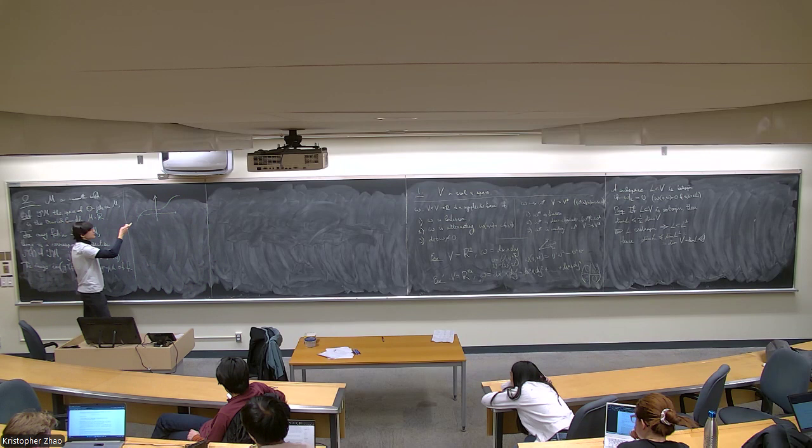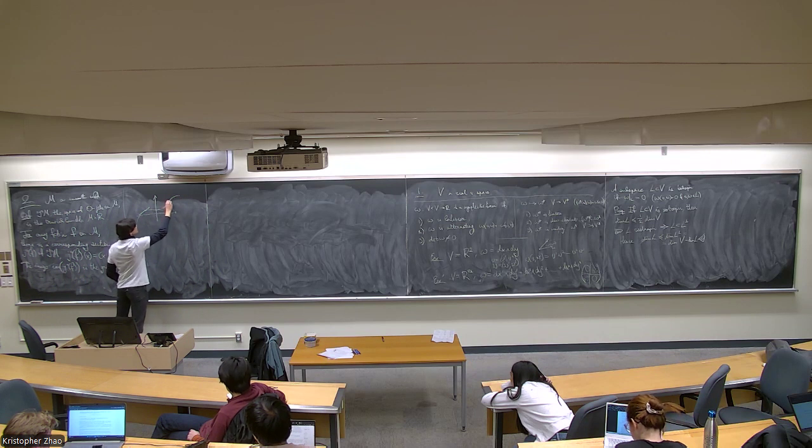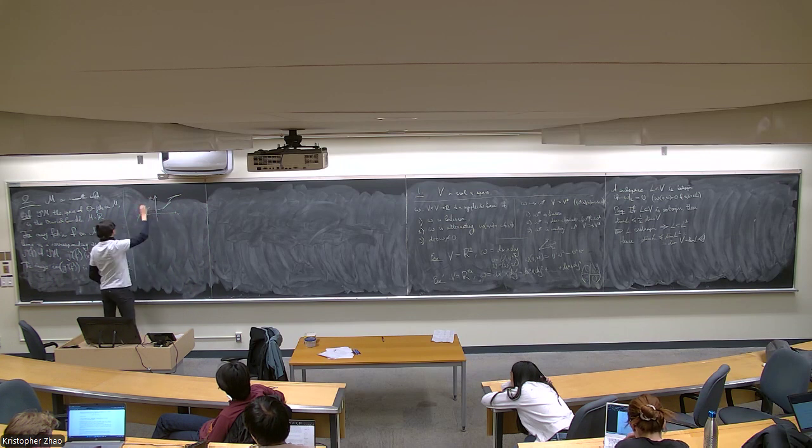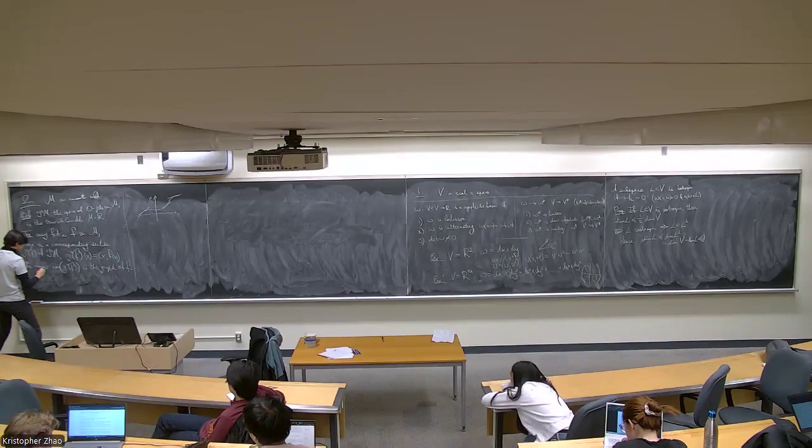I want to look at the tangent elements to this function, tangent hyperplanes. So I'm going to define x, u to be the coordinates on J0M.